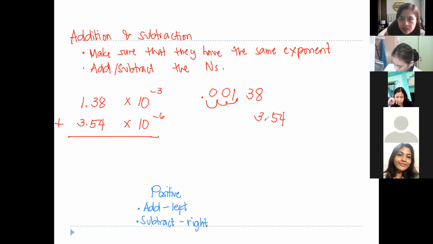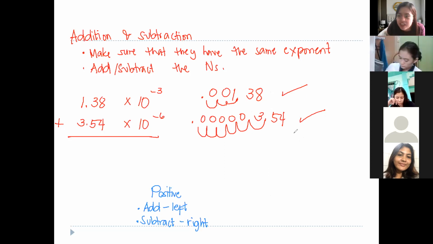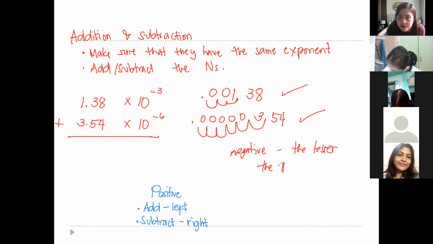Example, this is 3.54. When we make it a decimal again, we move it 6 places, because the exponent is 6: 1, 2, 3, 4, 5, and 6. So this is 0.00000354. So you can see, the 0.0138 is really greater in value. This one has a lot of zeros before the 354. So again, to remind you, for negative exponents, the lesser the number, the greater the value.